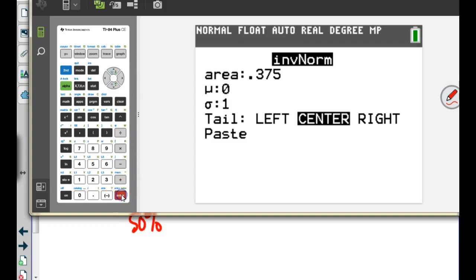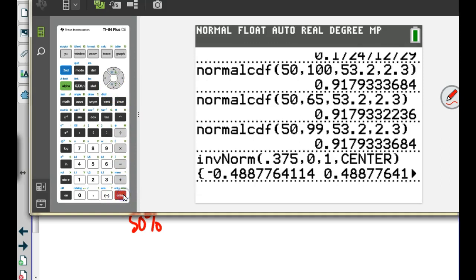My calculator was not giving me left, right, center. Is yours giving you left, right, center? Or did I do something wrong? Your calculator, if you do inverse norm, does it give you left, right, center?